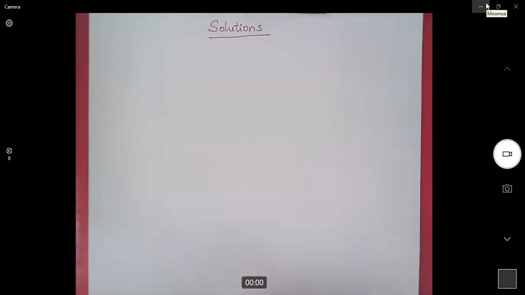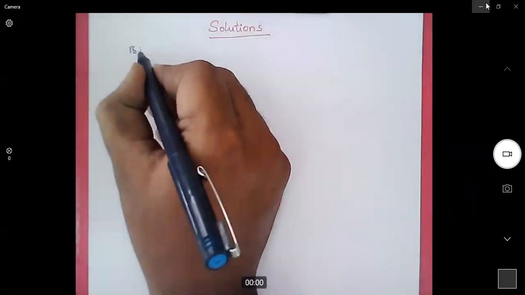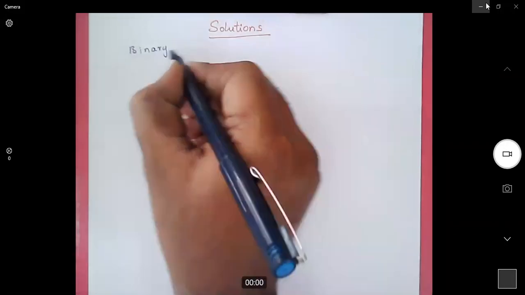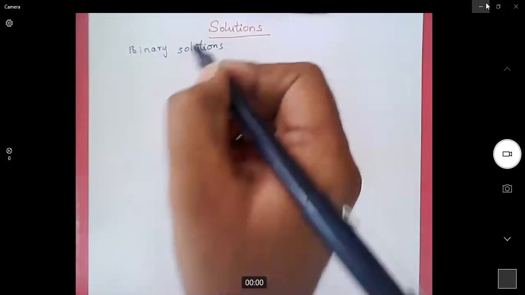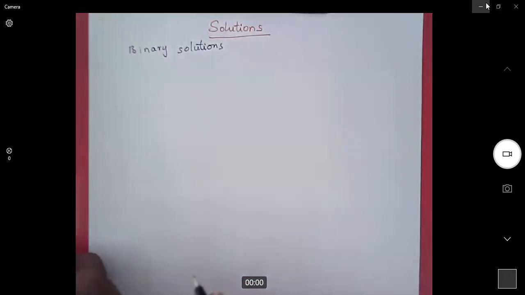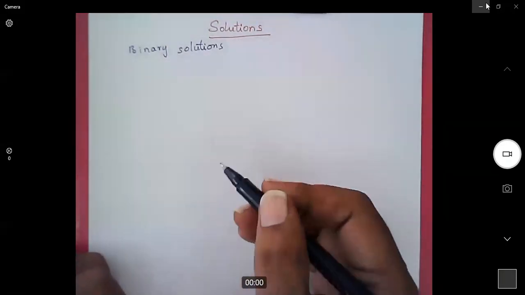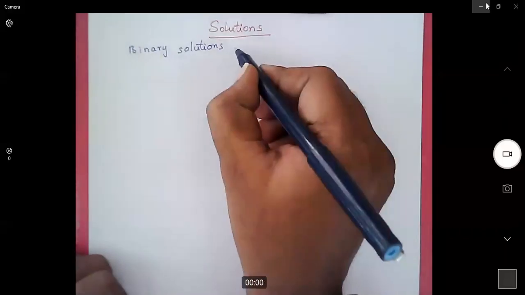Today we will look at some basic definitions in solutions. Binary solutions. Binary solutions are of three types.